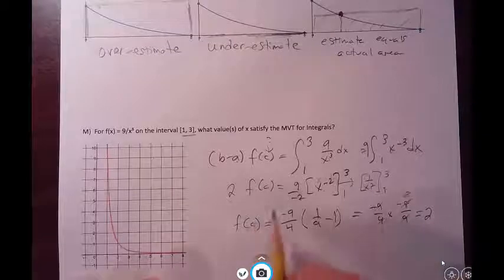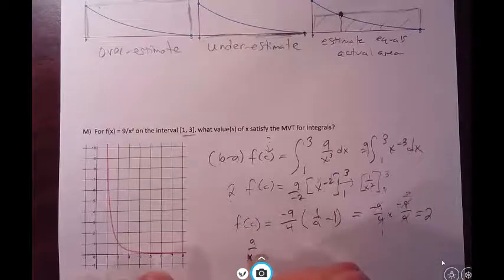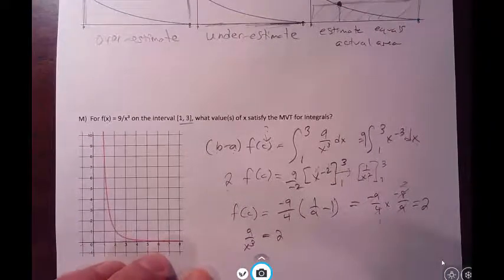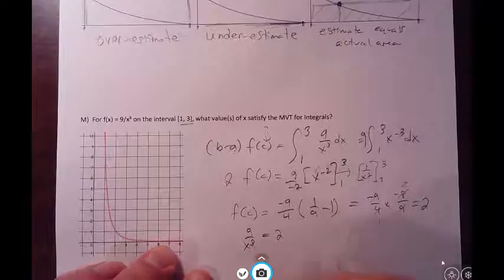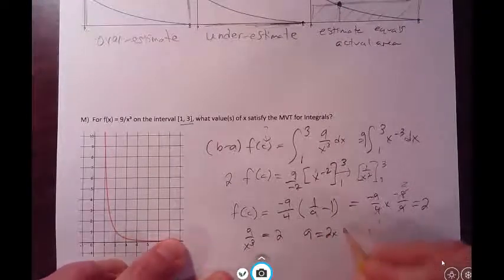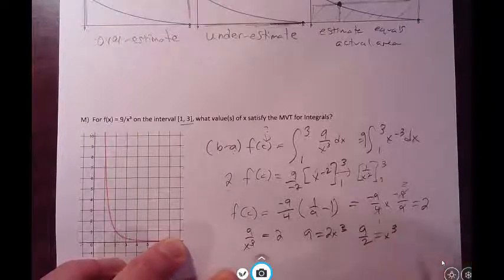To figure that out, I'm going to take the function 9 over x cubed, and I'm going to force it to equal 2, and I'm just going to do the algebra to figure out where that happens. So if I multiply both sides by x cubed, I get 9 equals 2x cubed. Divide by 2, you get 9 halves equals x cubed.